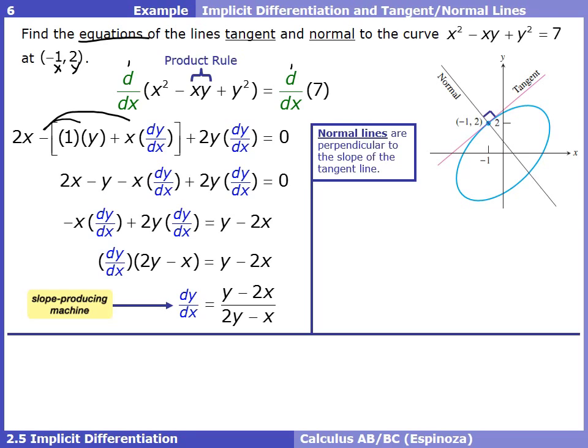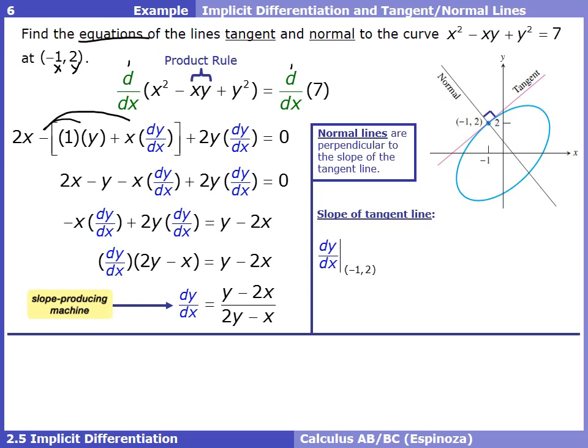In the past, slope machines used to be very simple, maybe, but now it's a little more complicated. And the other thing to note is it's got x's and y's. So when we try to evaluate our slope, we're going to have to plug in the entire point with the x and the y. So let's go ahead and do that. Let's find the slope of our tangent line.